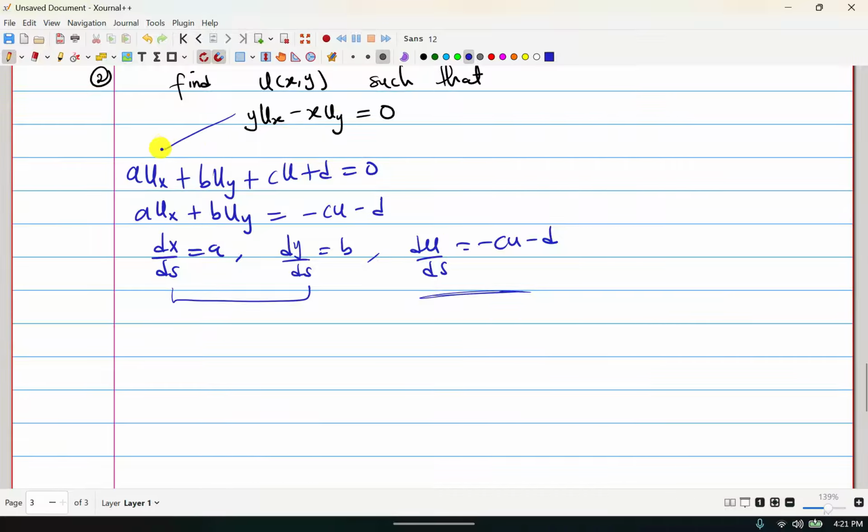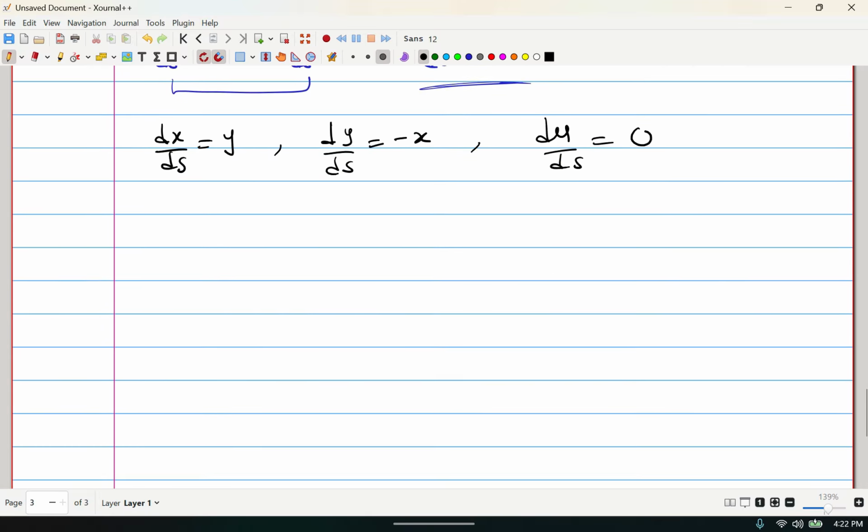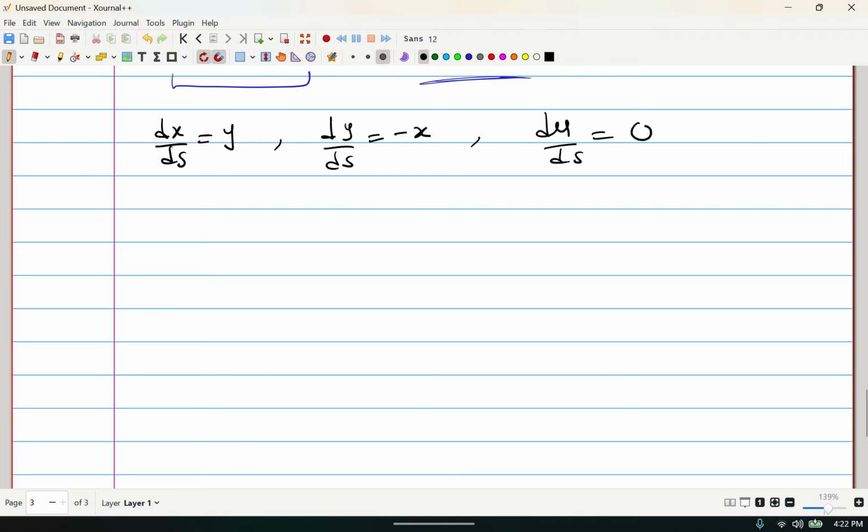Comparing this equation to that, we get dx/ds to be equal to y, and dy/ds is equal to negative x, and du/ds is equal to 0 because there's nothing there. So first of all, we solve the first two of the system.